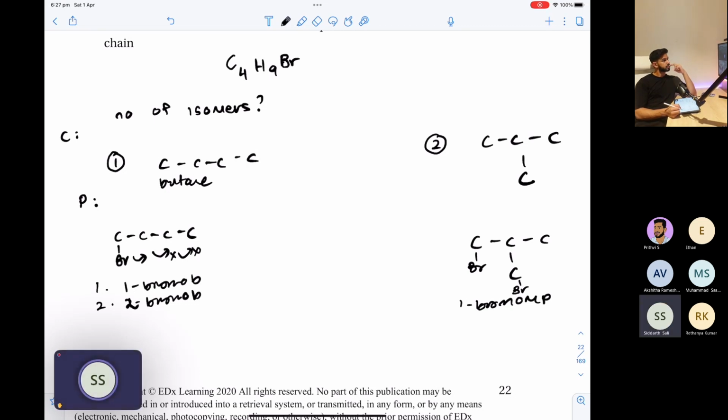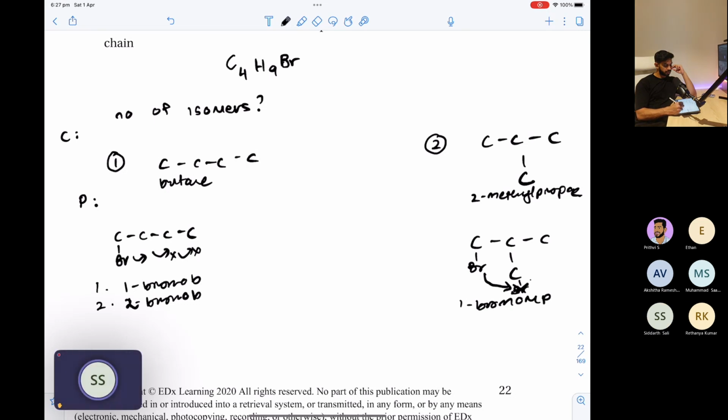Then it would be called 1-bromo-2-methylpropane. Yeah, good. So this is your 2-methylpropane. It would be the same, so that way it doesn't matter if it can't move there.